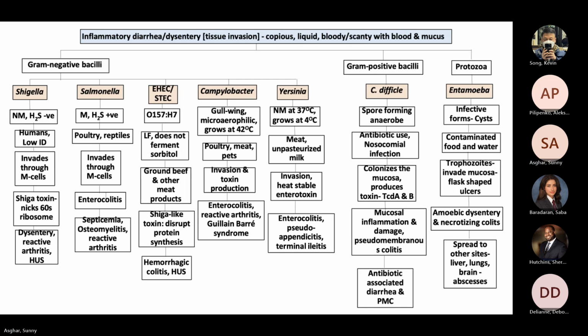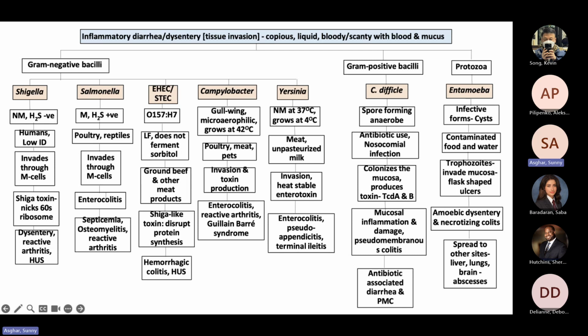The thing about this is that the infection can spread to other sites, and that can be life-threatening, because if it goes to the brain and the lungs, it can cause abscesses there.